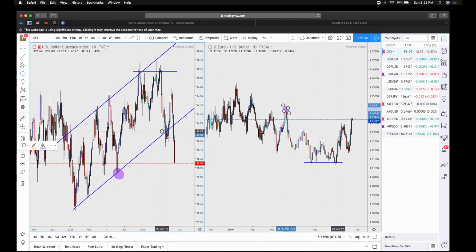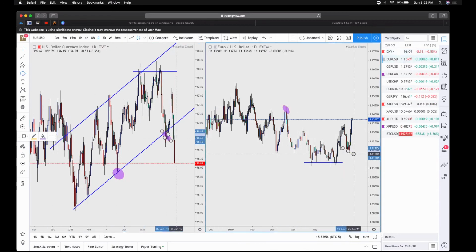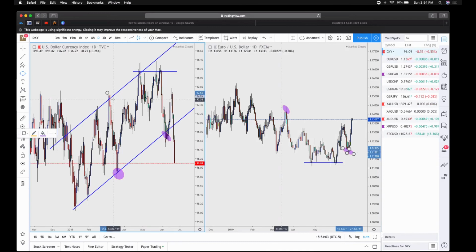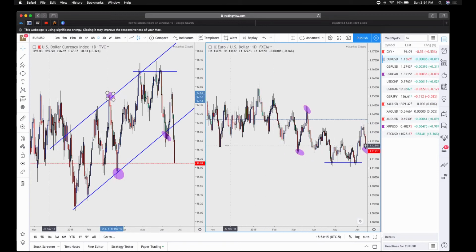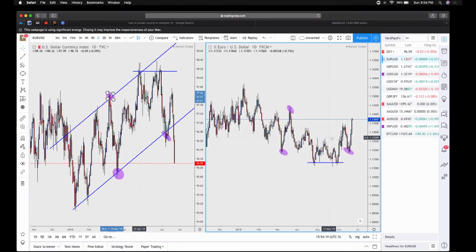DXY at support right here, Euro USD was at resistance right here. DXY was at resistance right here, Euro US dollar was at support right here. Follow?